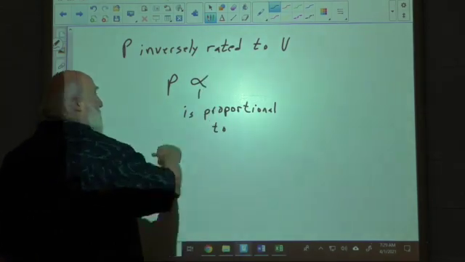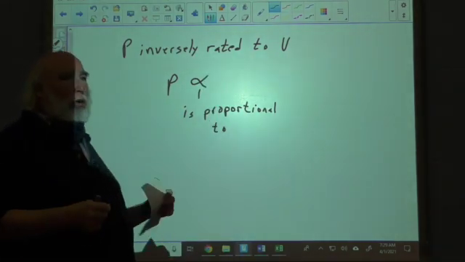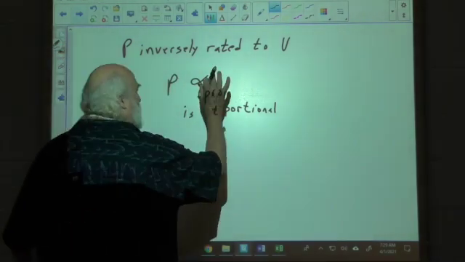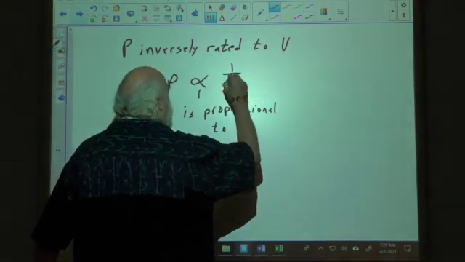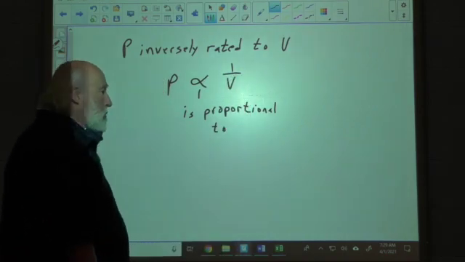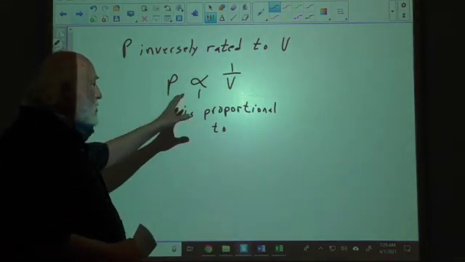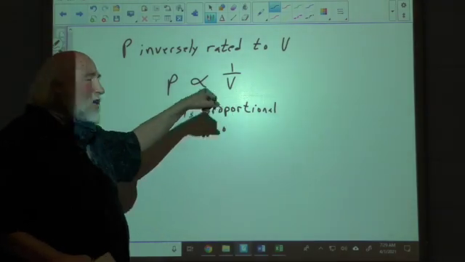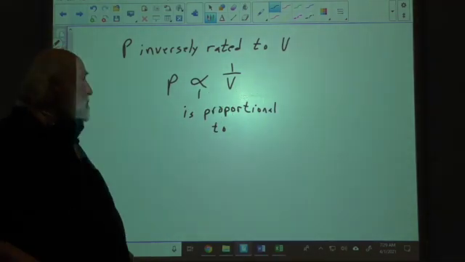Now, because you want to show that as one increases, the other decreases, instead of putting a V here, we put a 1 over V. Okay? So the relationship is inverted by showing one of these two variables as a fraction.